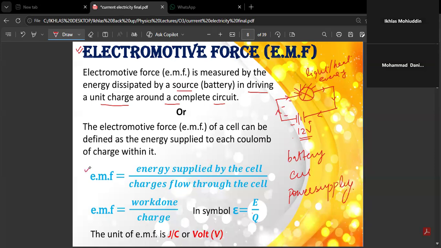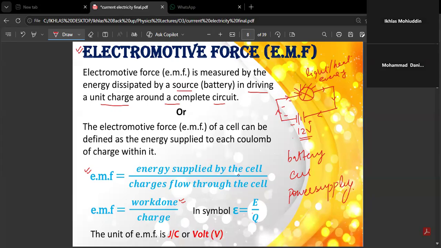Look at the formula here. EMF equals energy supplied by the cell divided by charge flow through the cell. We can write energy supplied by the cell as the work done, because when the charge is moving in the circuit, obviously it will do some work as well.